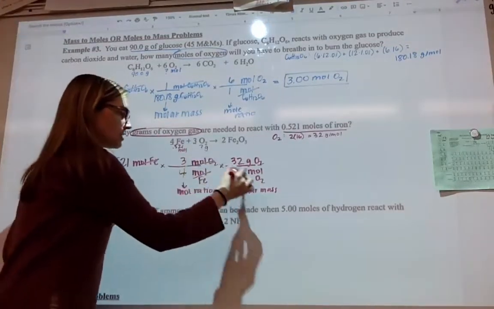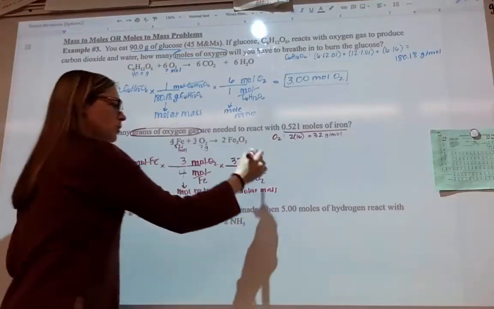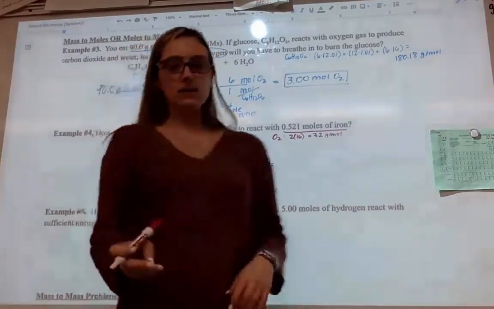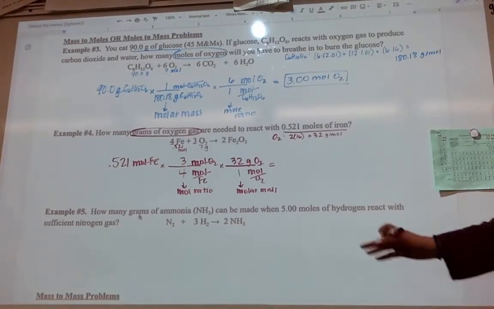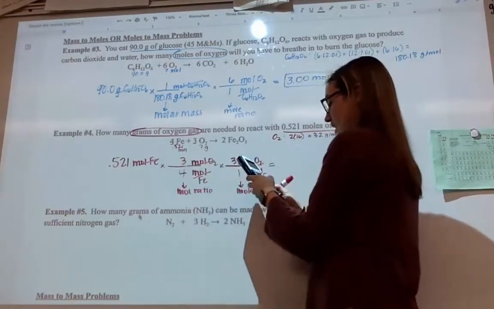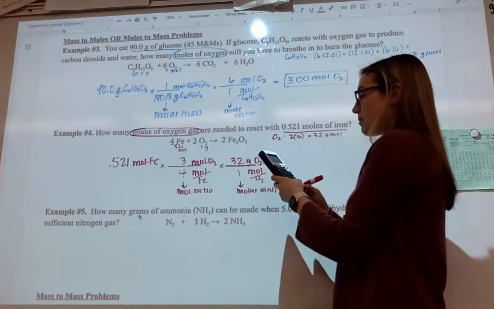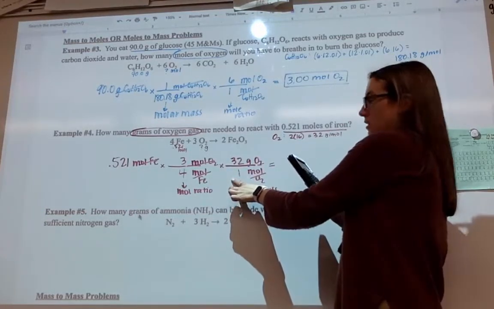So now moles cancel. Now I'm left with grams of oxygen. That's what this problem wanted, and now we can solve. So now we multiply across the top. So now we're actually doing 0.521 times 3 times 32, divide by what's on the bottom. Again, this is a 1.